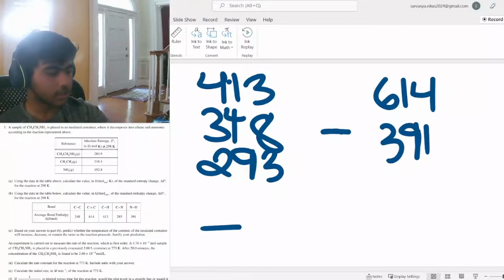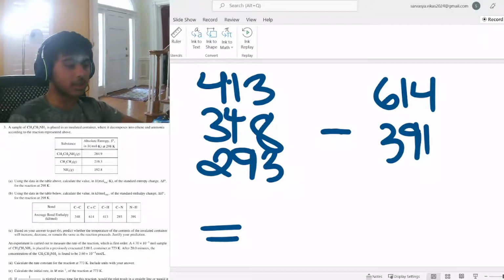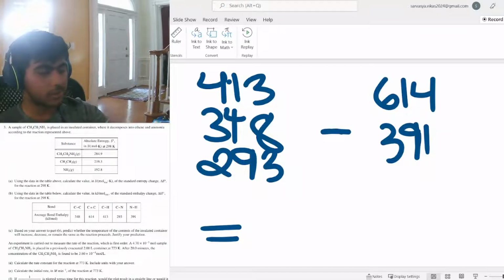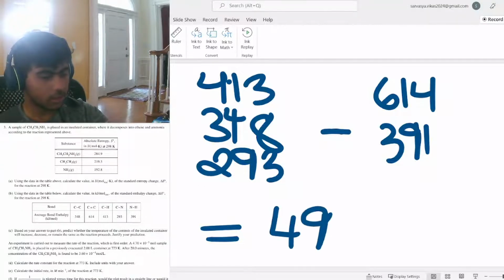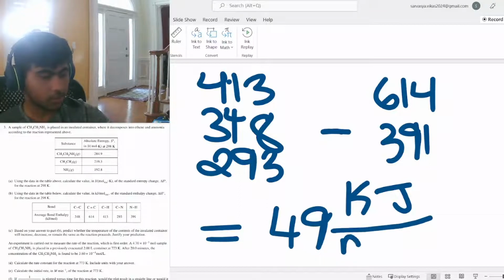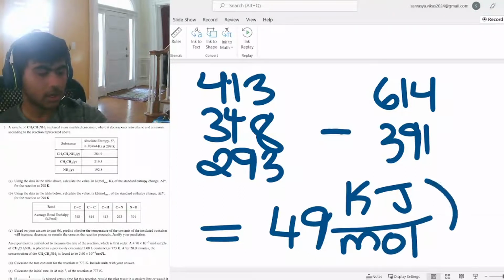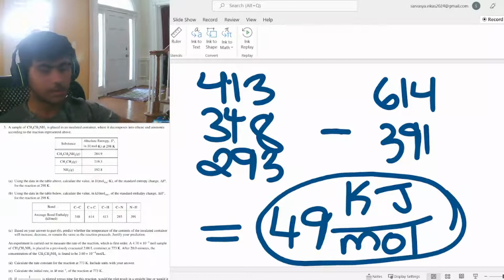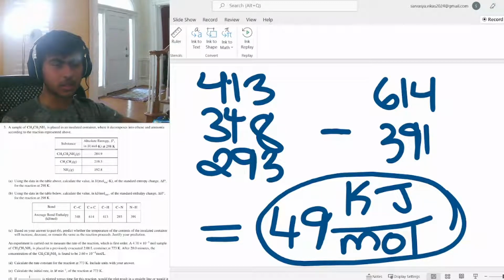Taking my calculator, plugging all that in, 413 plus 348 plus 293 minus 614 minus 391 is going to be just 49 kilojoules per mole as our enthalpy. That's it. And we can move on to the next part.